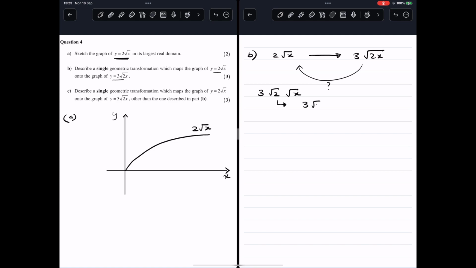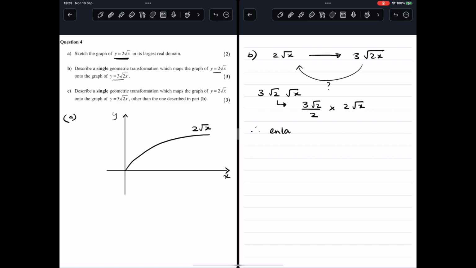And now I can just divide and times by 2 because I need to introduce a 2 outside the surd. So that's my original function. And 3 root 2 over 2 is therefore my scale factor. So this tells me that there is an enlargement.